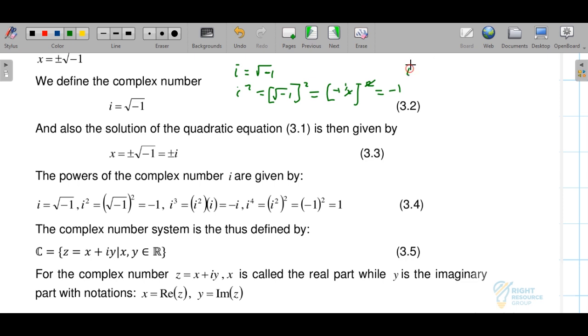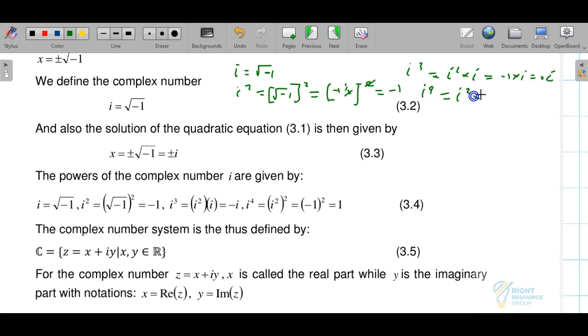And if we have i raised to the power of 3, what does it mean? i cubed is the same thing as saying i squared multiplying i, right? We have i squared to be minus 1 multiplying i. This is going to be equal to minus i, right? So i cubed is equal to minus i. How about i raised to the power of 4?